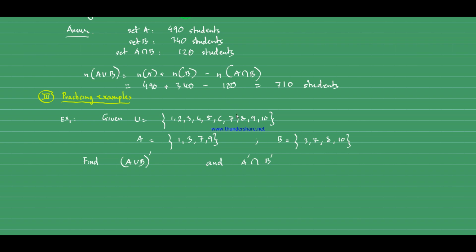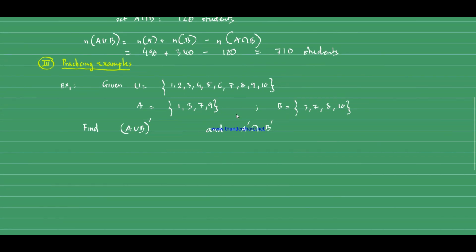Let's do (A union B) complement first. It means that you want to find the union between the two sets A and B, then we take the complement of that.